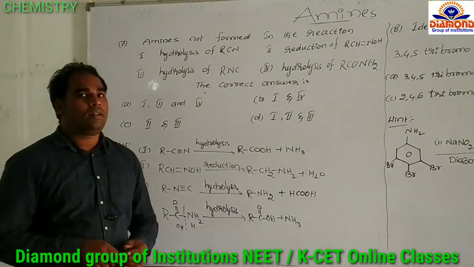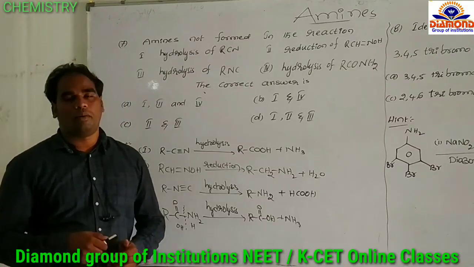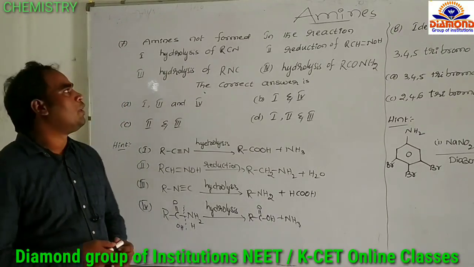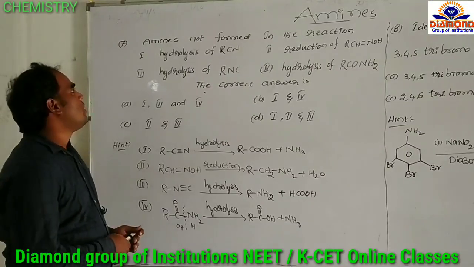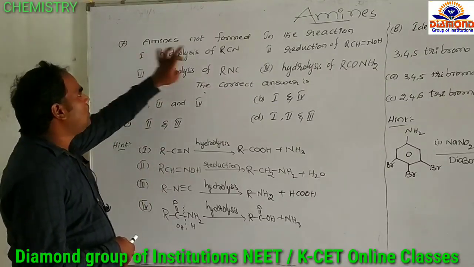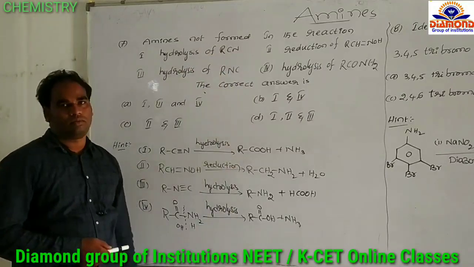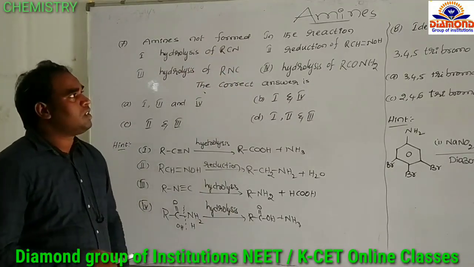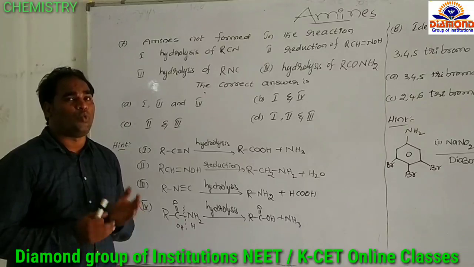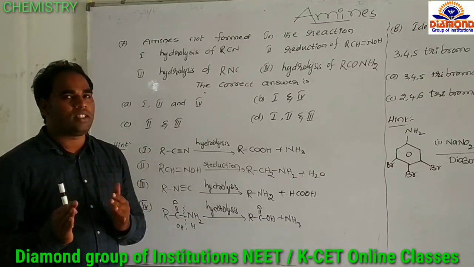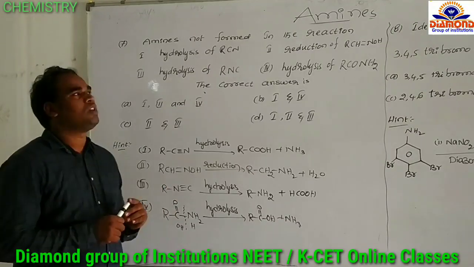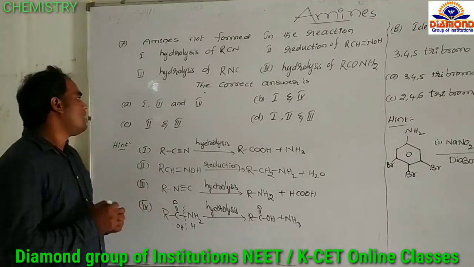If we know the preparation methods of amines, then we can easily solve this problem, students. From these four methods, which are used for preparation of amines and which are not? That is the question.